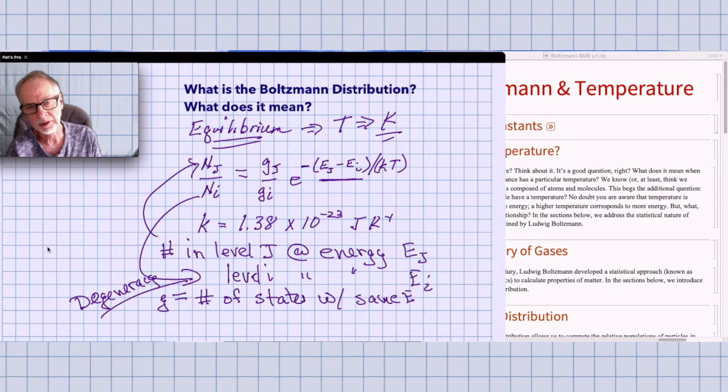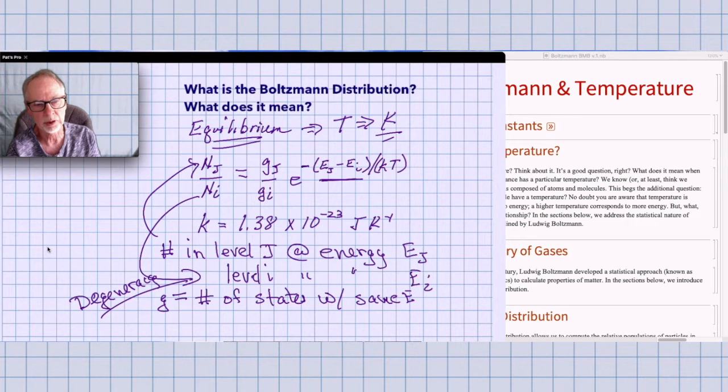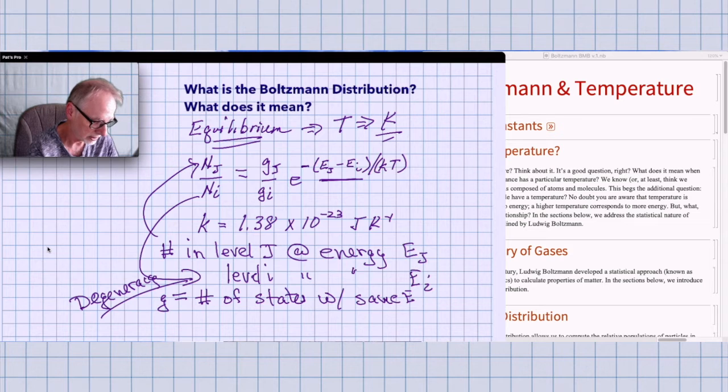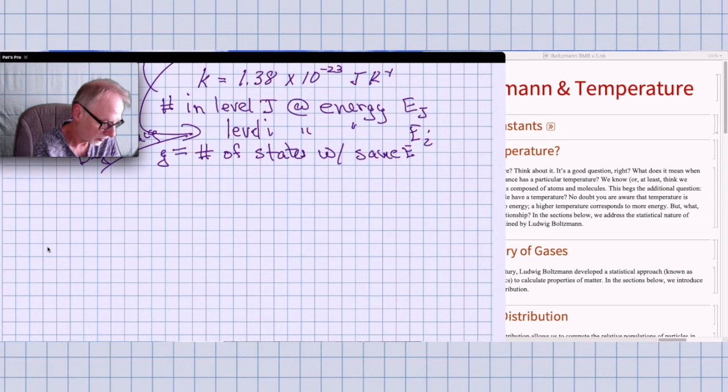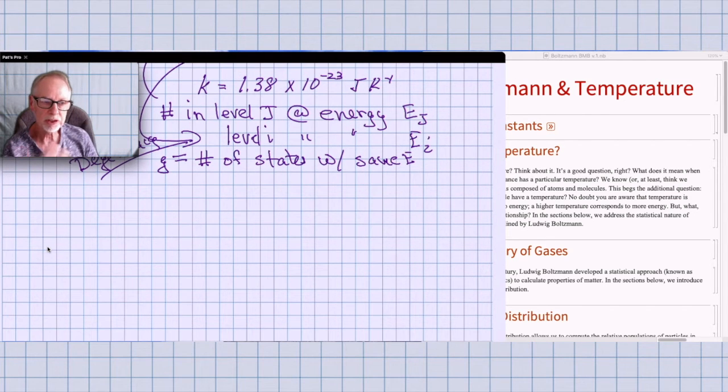If you're going to higher energy, the population of molecules in the higher energy states will be lower as you go to higher energy, assuming no degeneracy. Degeneracy throws a little bit of a monkey wrench into that, and we'll see some examples later on, but we're going to stay away from that right now to avoid confusion. So again, in general, when we look at these systems, we're in a situation where the degeneracies are the same, all right?